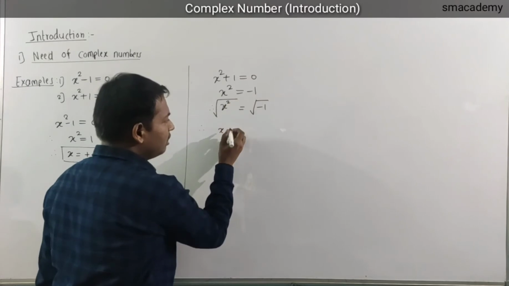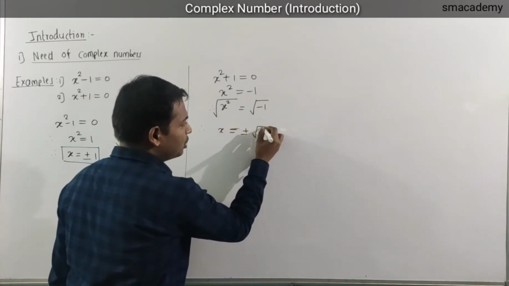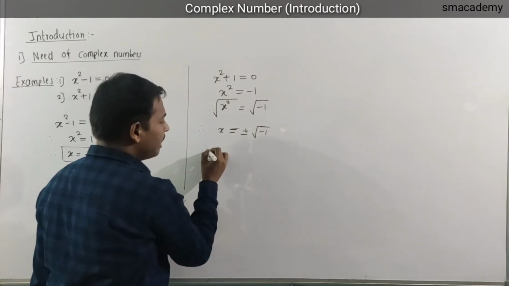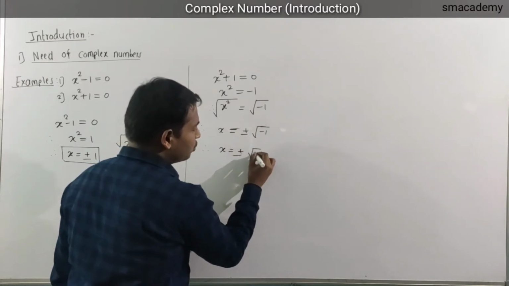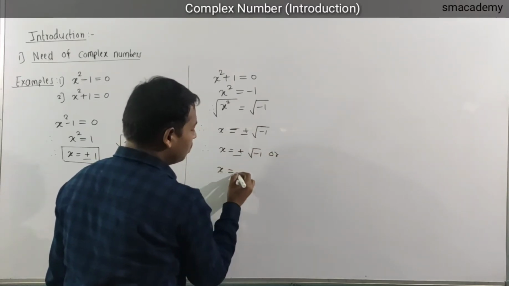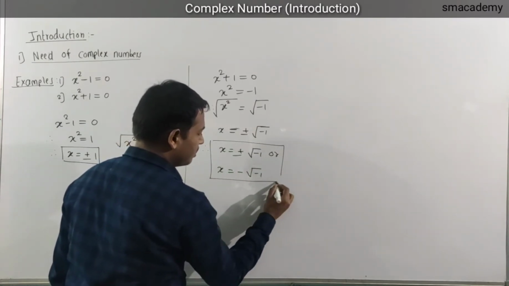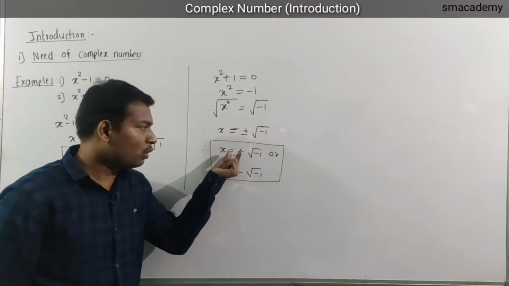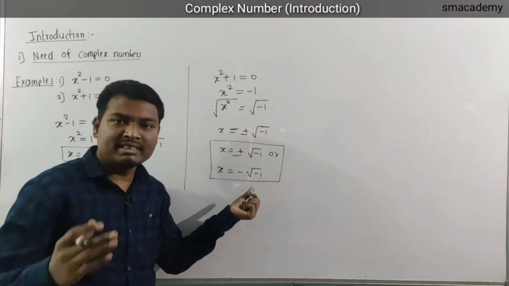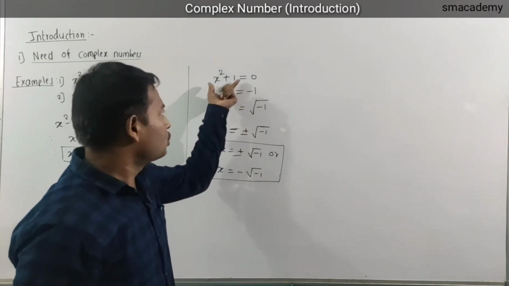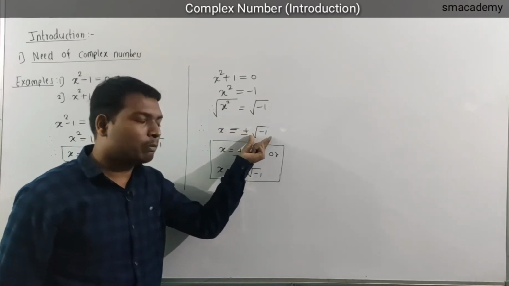This implies square and square root cancel, so x is equal to plus minus root of minus 1, means here we get the values of x are x is equal to plus root of minus 1 or x is equal to minus root of minus 1. We get the solution of equation x square plus 1 equal to 0 as x is equal to plus minus root of minus 1.